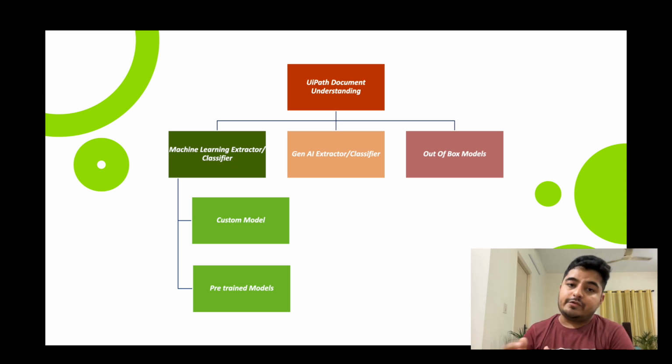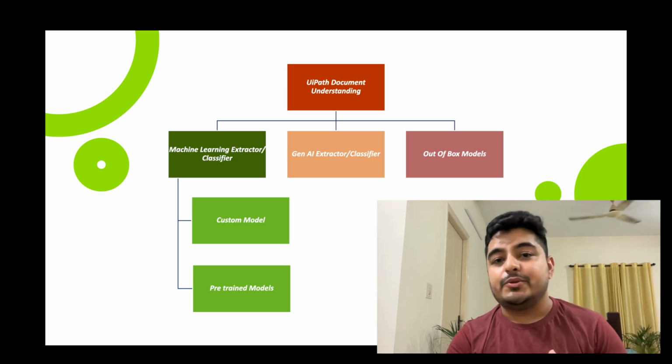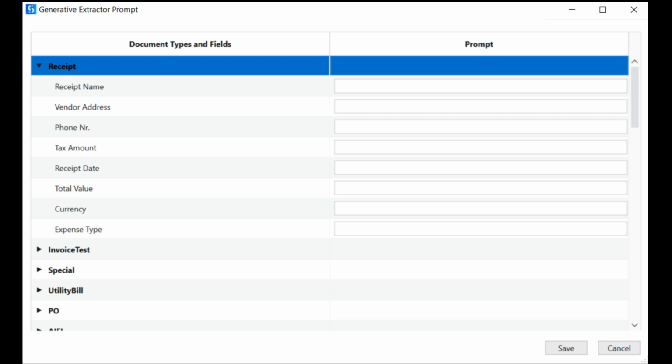The second kind of model available in UiPath Document Understanding is the generative AI model that we're going to cover today. The generative AI model uses a generative AI technique, and you just have to use prompts. That's basically how generative AI works. You pass the prompt, and in return you get the output.